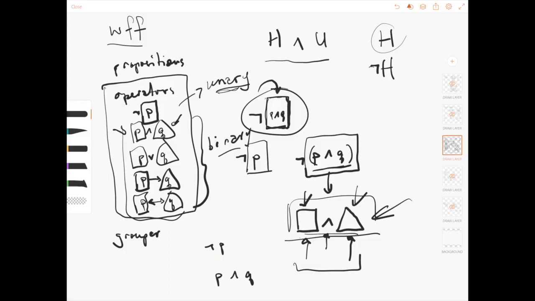And then, just to remind you, we use groupers to indicate what is contained within the slots, these geometric shapes, of the operators. A more formal way to say that is groupers identify the scope of the operator so that we can understand the syntax.